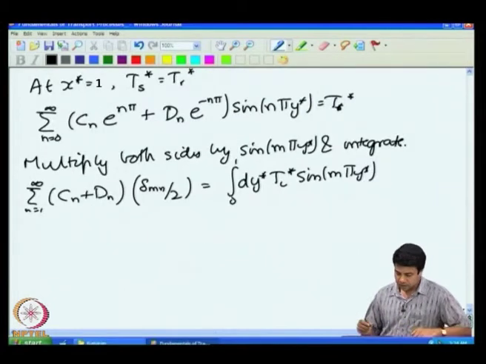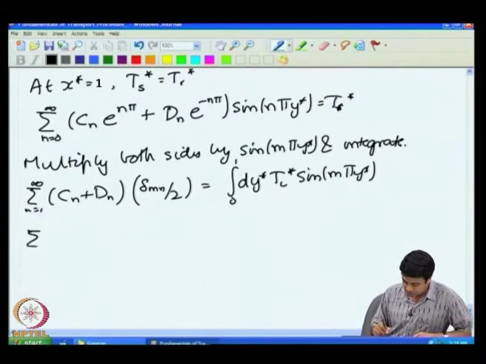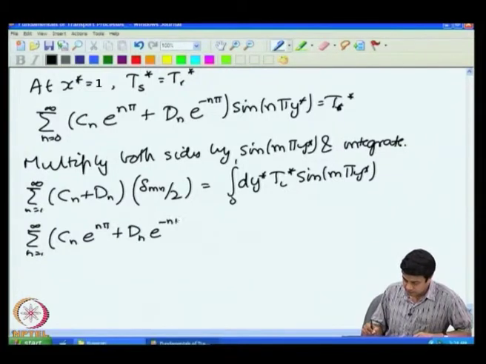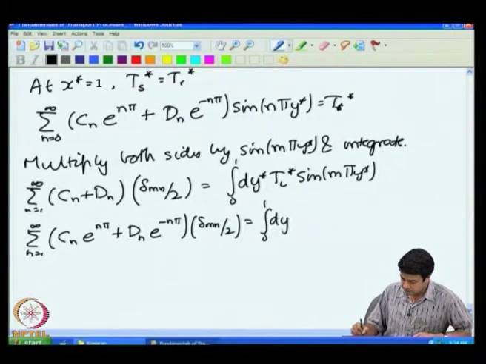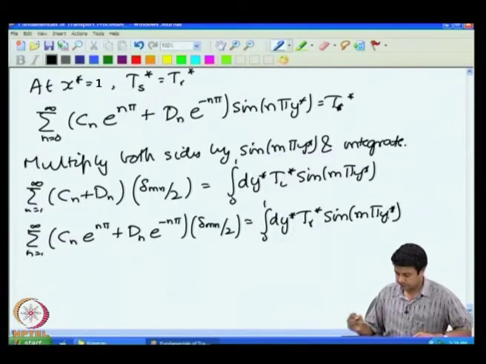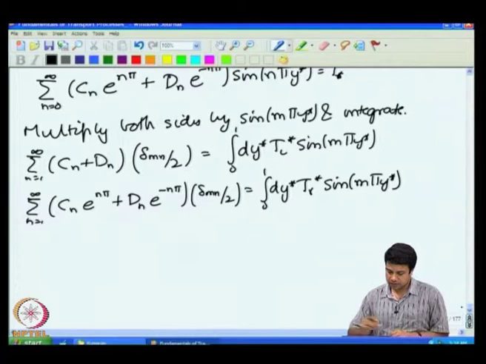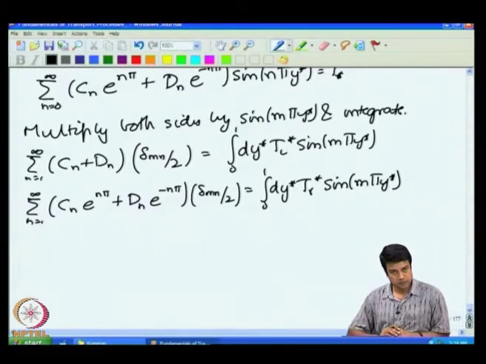I can do that for the second equation, summation n is equal to 1 to infinity of C n e power n pi plus D n e power minus n pi into delta m n by 2 is equal to integral 0 to 1 times T r sin m pi y. Now, delta m n is 1 if m is equal to n and it is 0 otherwise.